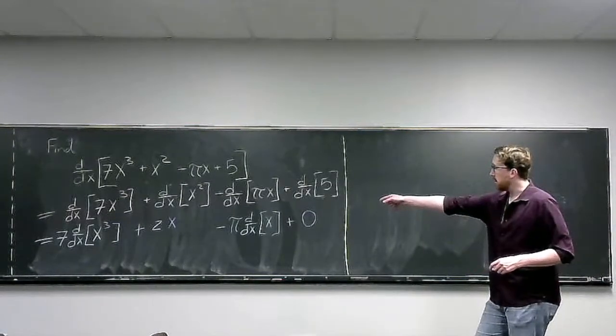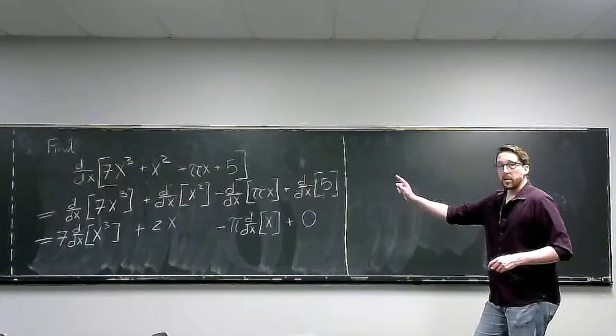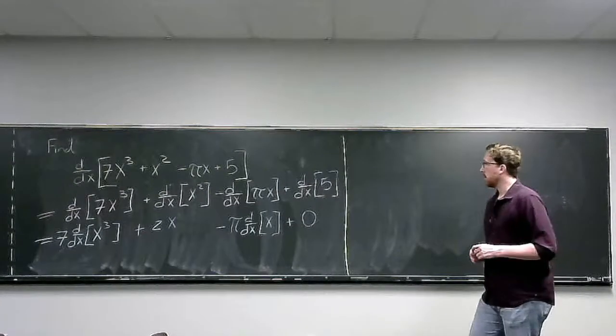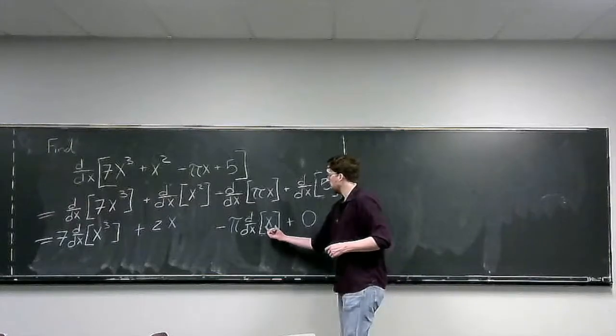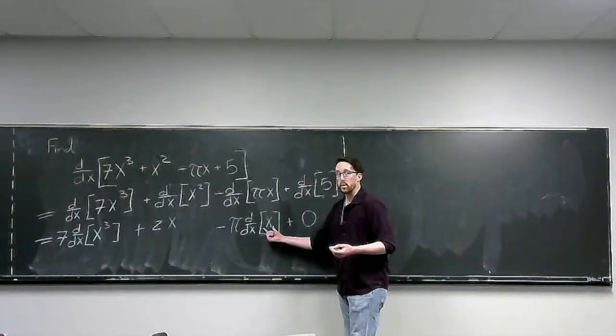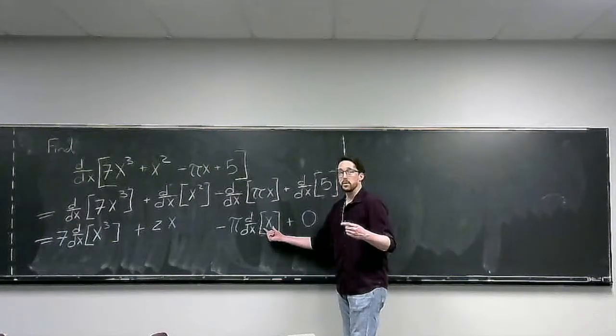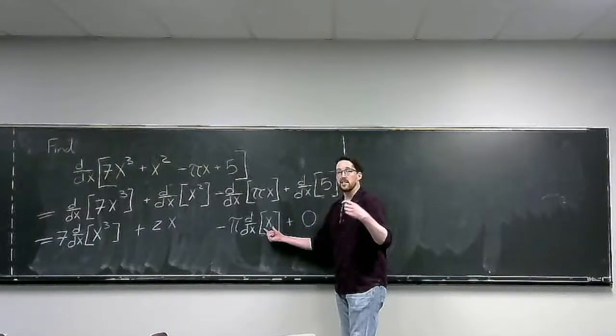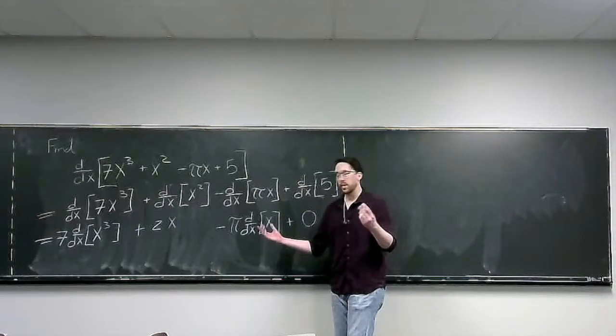So this here is x to the first power. So when we apply the simple power rule here, we're going to have 1 times x to the 0th power, or just 1.